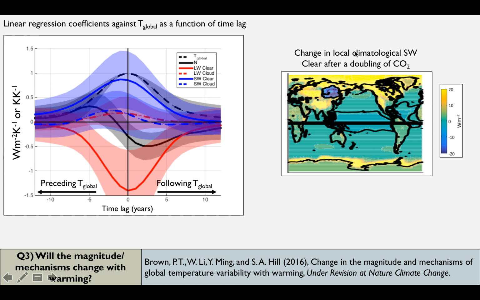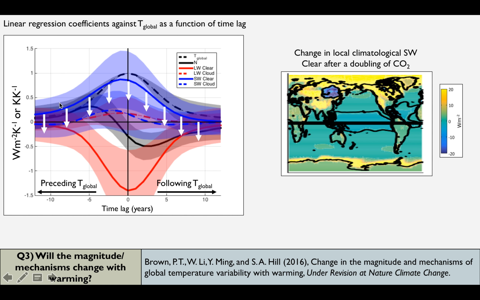So this is a map of climatological change in the shortwave clear sky component after a doubling of CO2. And you see that, yeah, over the Arctic Ocean, over the Southern Ocean, over a lot of the continents, you get an increase since these fluxes are positive down. That just means a climatological melting of snow and ice.